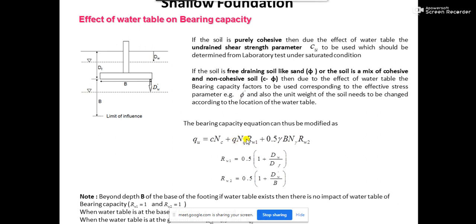One portion of the equation is involved with gamma D, the q term. This factor will be affected by the water table if the water table is up to the depth D of the footing.